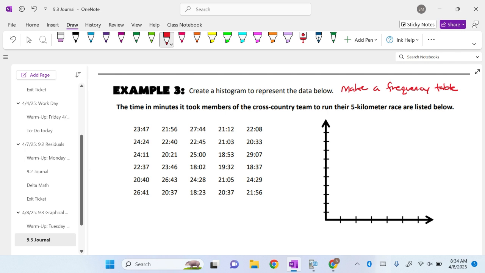Not yet, just circle it right now. So once you find the lowest and the highest, circle it.